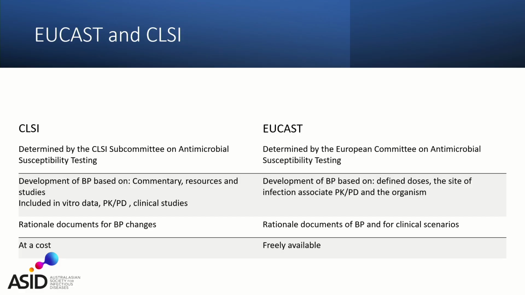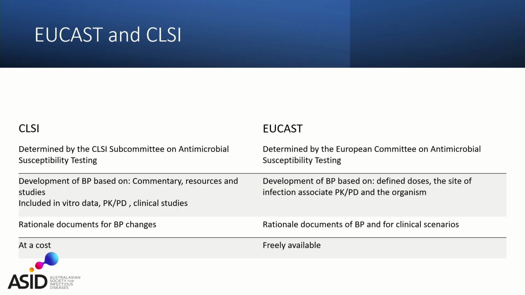Whereas EUCAST differs slightly in that it's using defined doses, and considers the site of infection associated with the PK/PD and the organism. So for each different organism, it's a little bit more directed to that antibiotic-organism combination. There are now rationale documents for breakpoint changes for both situations, and EUCAST also includes some rationale documents for clinical scenarios.